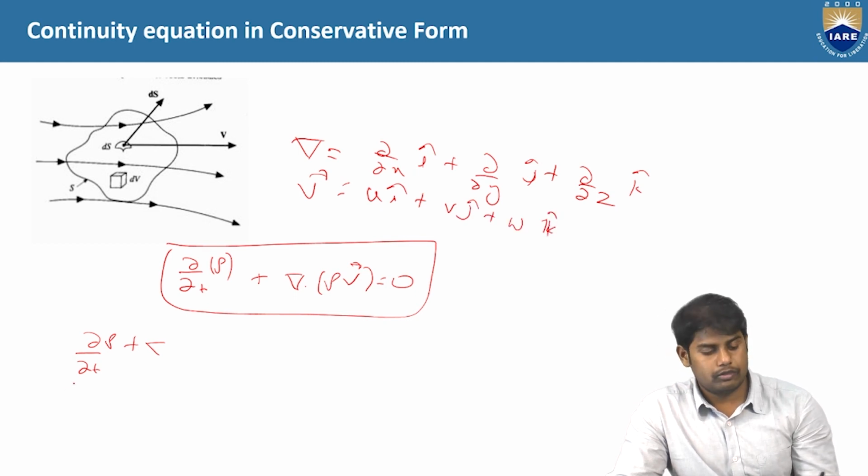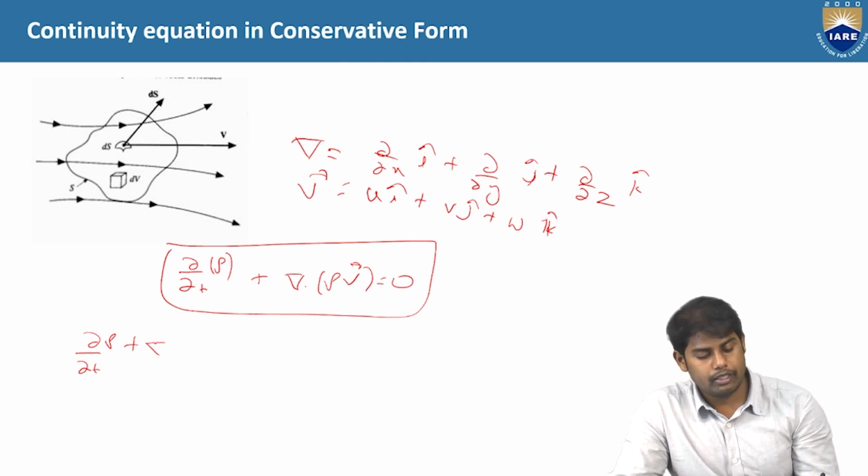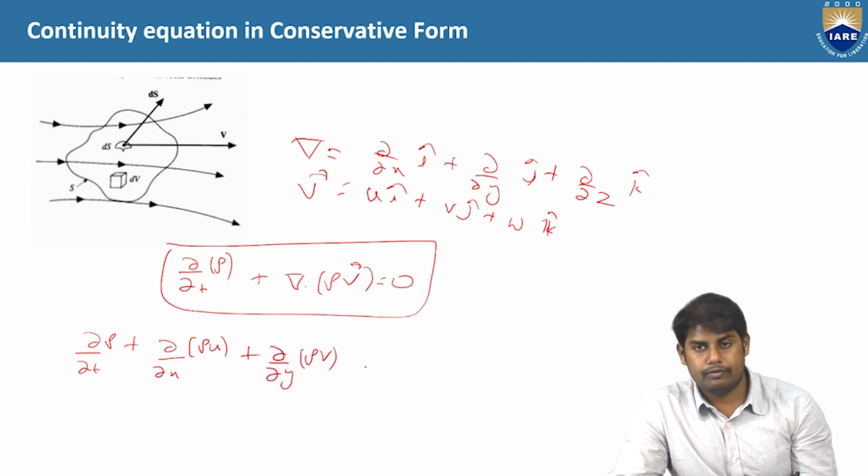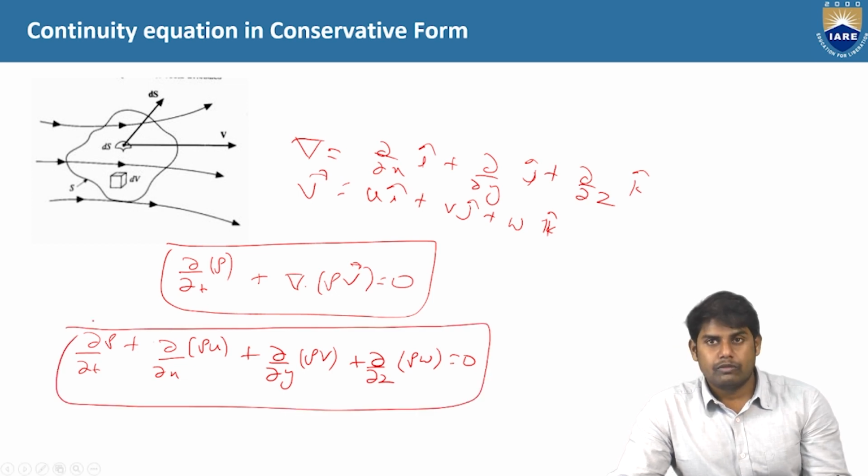Substituting these for the dot product, we get dou by dou x of rho u plus dou by dou y of rho v plus dou by dou z of rho w is equal to 0. This is the expanded form of the continuity equation, which is unsteady.